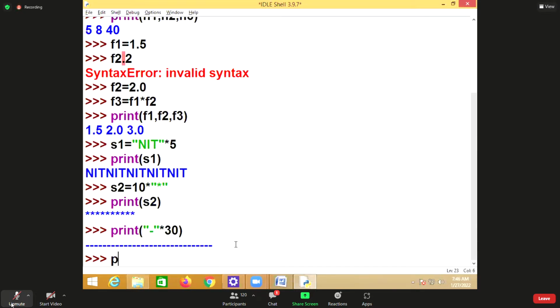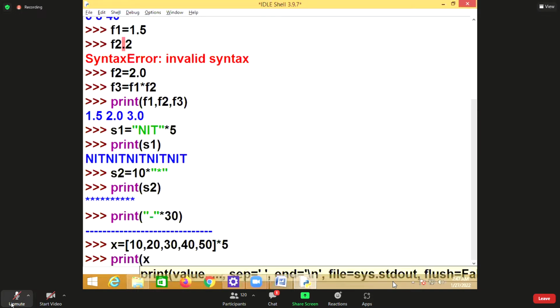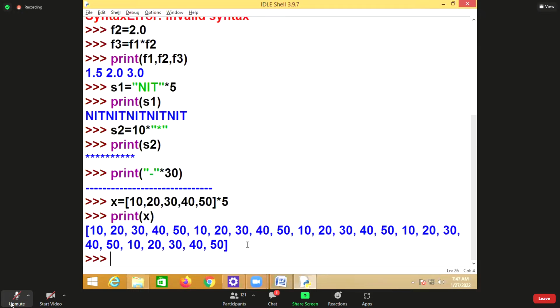For example, x equal to a list 10, 20, 30, 40. I want to repeat this list 5 times. Now x contains these elements repeated 5 times.